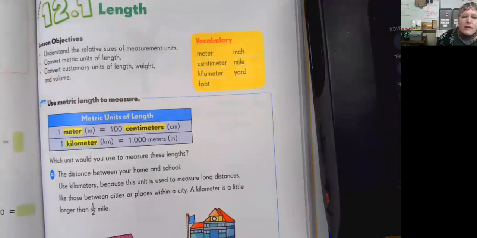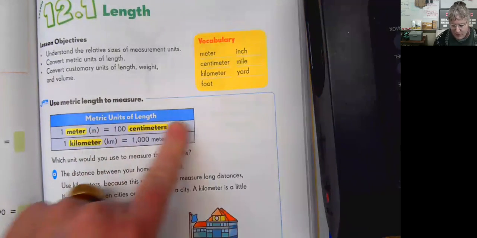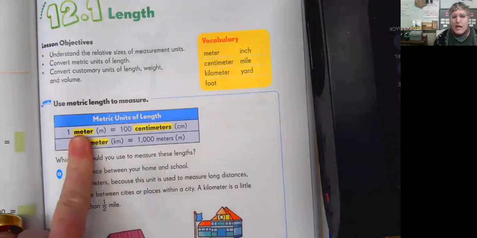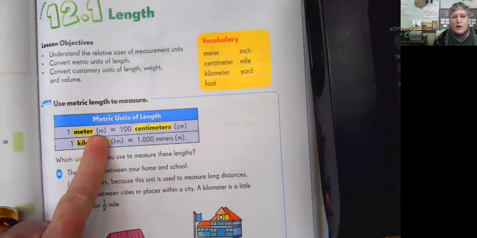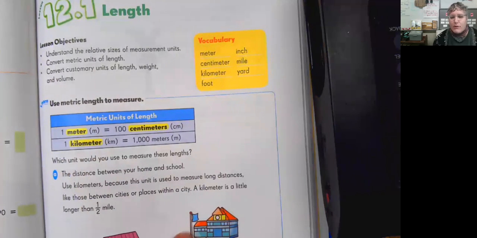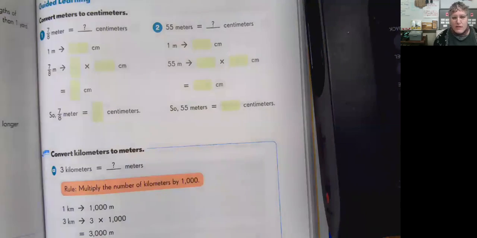One of the really key things that makes doing measurement conversions a lot easier are these little blue boxes. Anytime you see one of these blue boxes, it's really important to refer back to that blue box with every problem that you do.